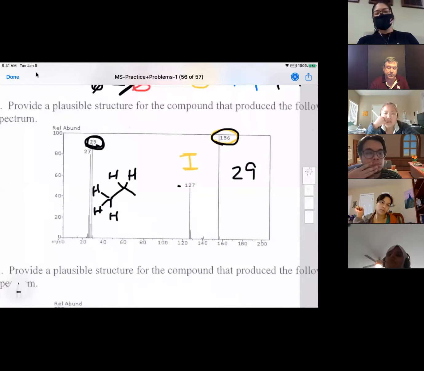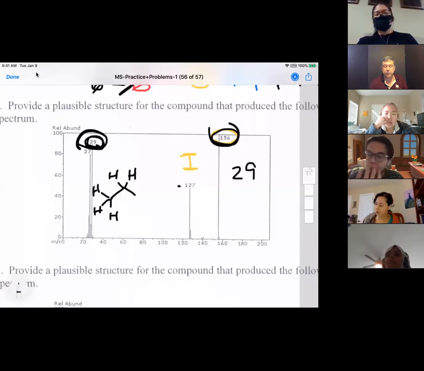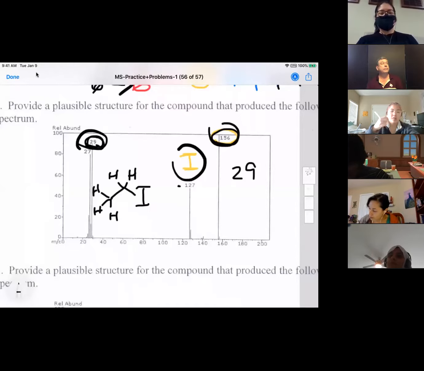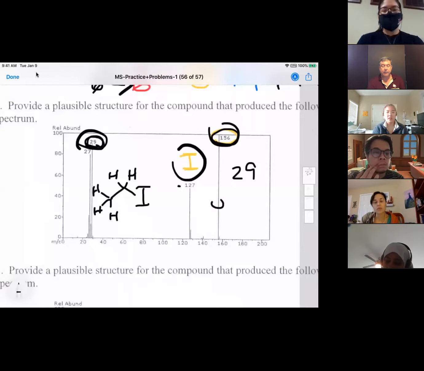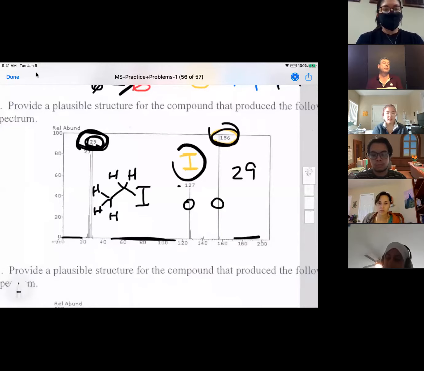So we have 29, which is equal to this. This fragment is this without iodine, which means our iodine has to be there. Those are our only two fragments. We have our parent ion fragment, we lose iodine, we get this fragment, and then we have nothing else of interest in our system.